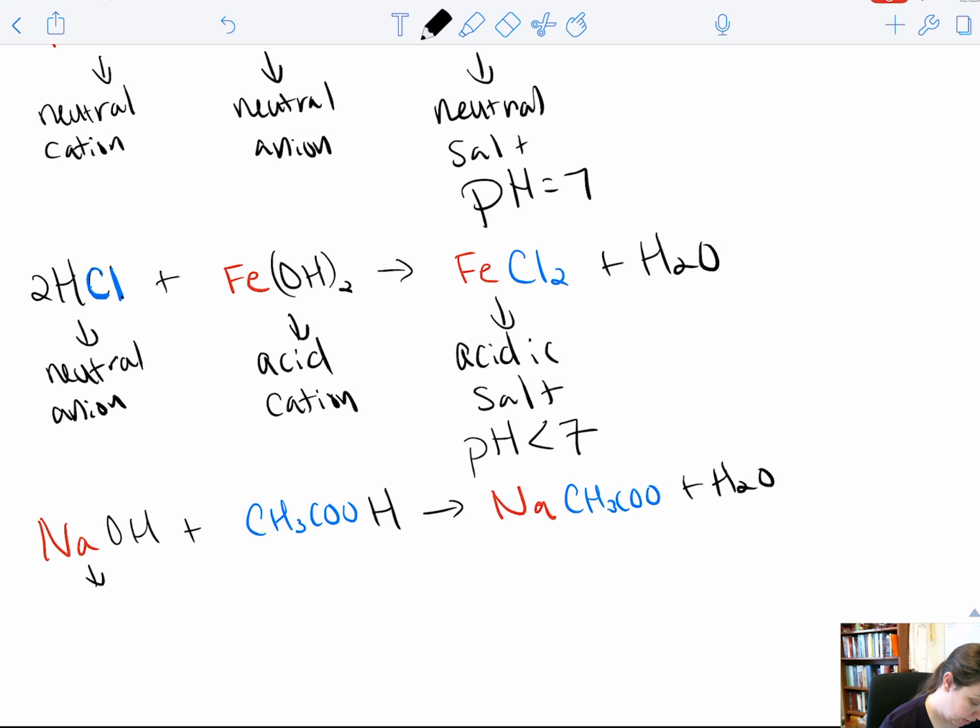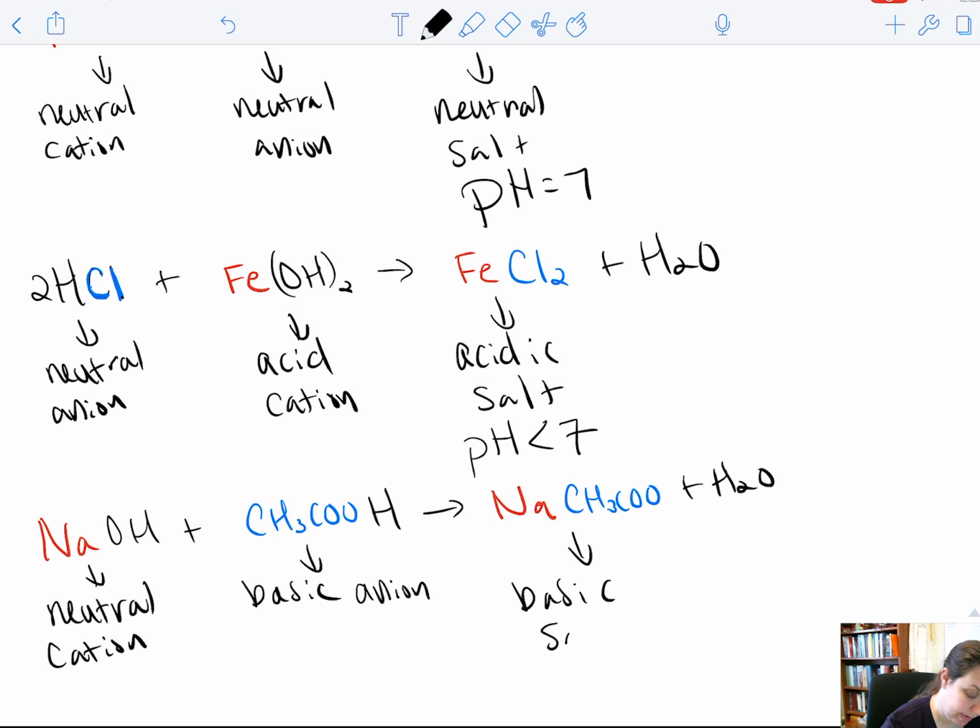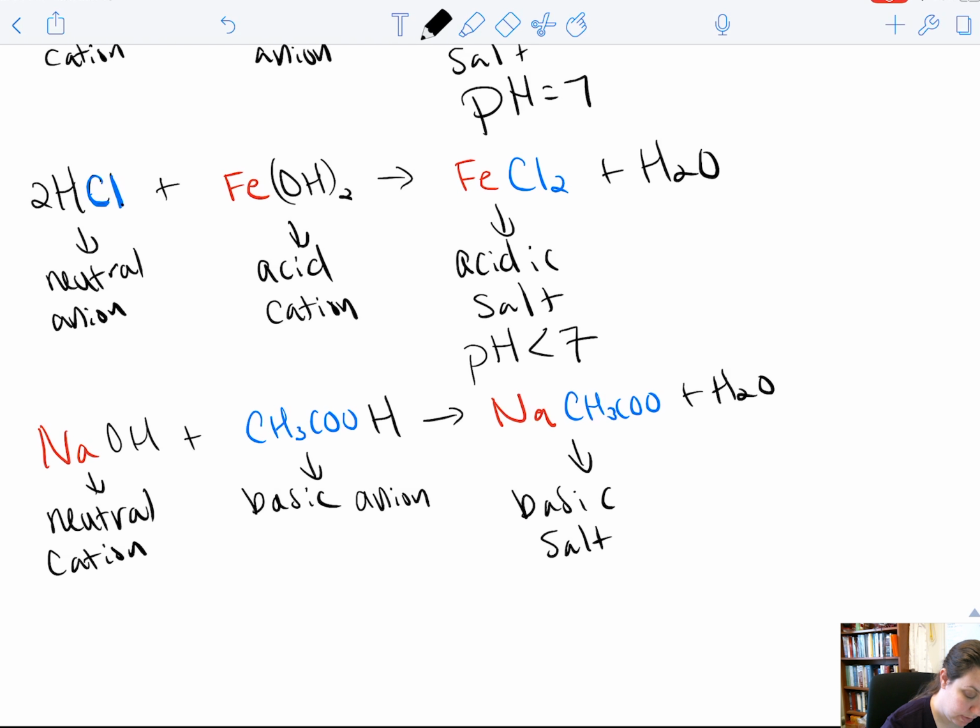Here we have a neutral cation, a basic anion, so we have a basic salt. So the pH will be greater than 7 of this salt solution.